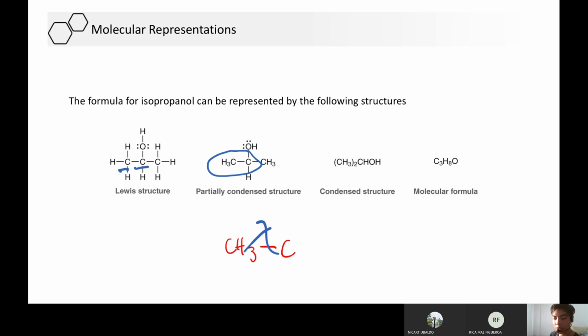To correct this, put the three hydrogens on the side, then the carbon that will be attached to the next carbon. That's why H3C. So again, in Lewis structures, all the atoms are written and all the bonds can be seen. In partially condensed structures, all the hydrogens are compressed, so the hydrogens are not shown.